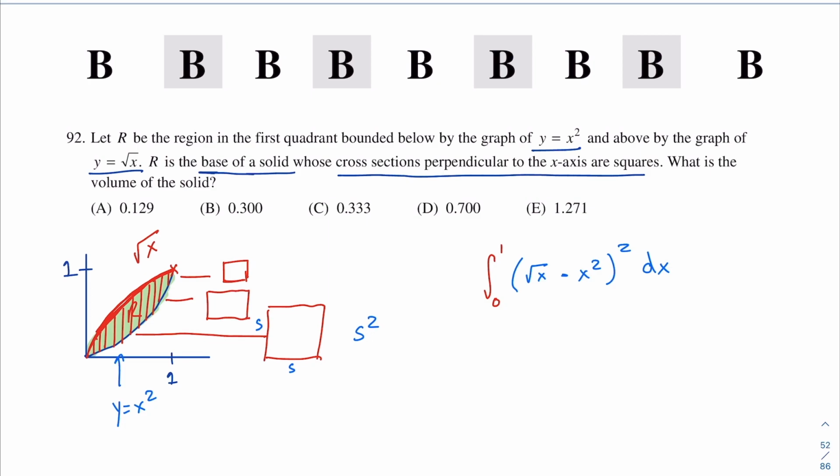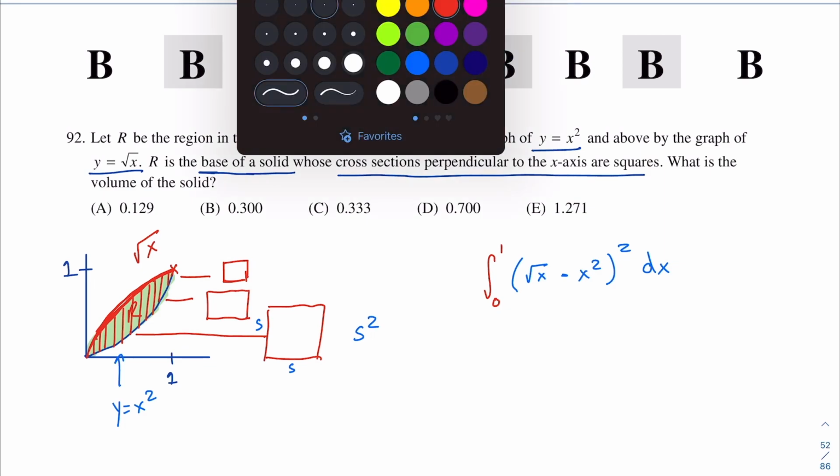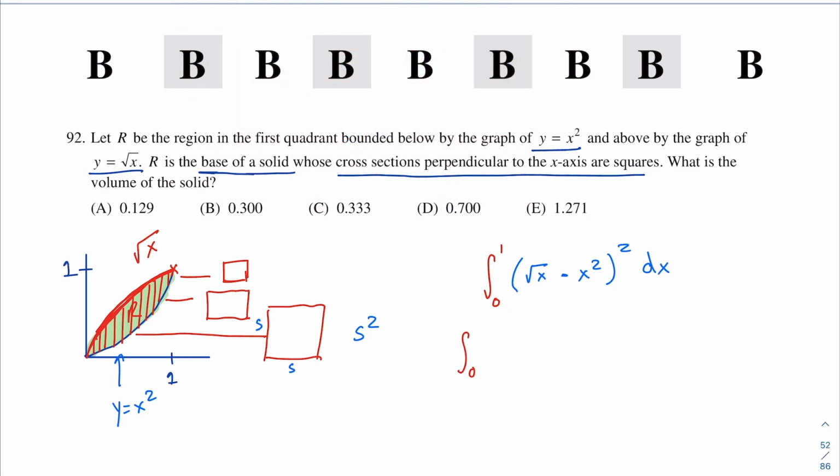And when solving this by hand, it makes it easier to distribute, to actually break this down a little bit. So what we would get is the integral from 0 to 1 of the square root of x squared, which is x, minus 2ab, that's minus 2 times square root of x times x squared, which is x to the 2.5, then plus x to the 4th dx.